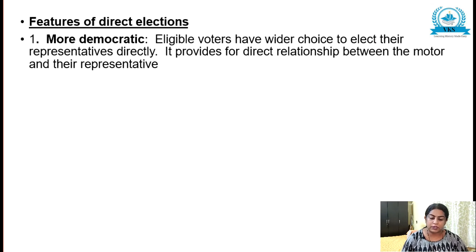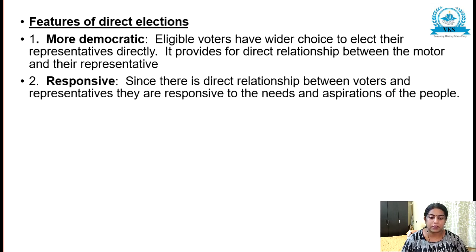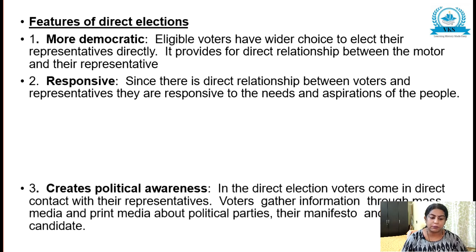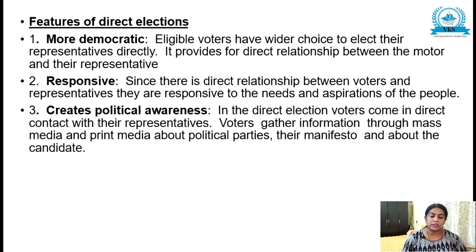Now, features of direct elections. More democratic. Eligible voters have wider choice to elect their representatives directly, and it provides for direct relationship between the voter and their representative. Responsive. Since there is direct relationship between voters and representatives, they are responsive to the needs and aspirations of the people. Creates political awareness.